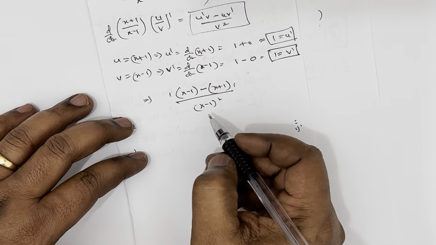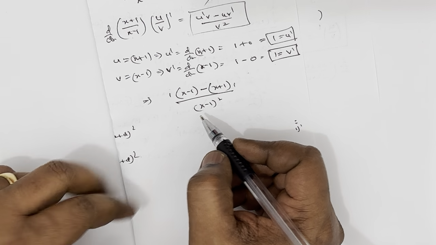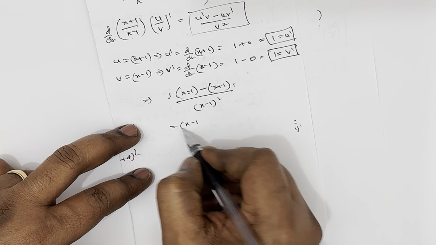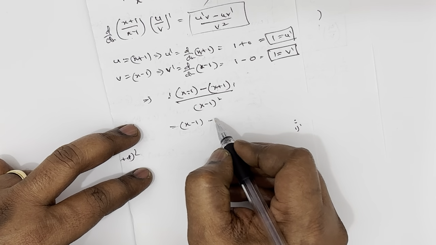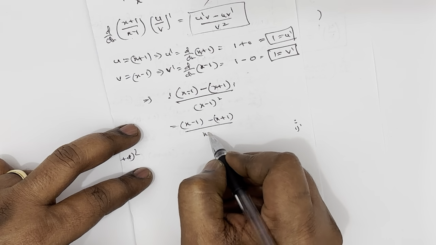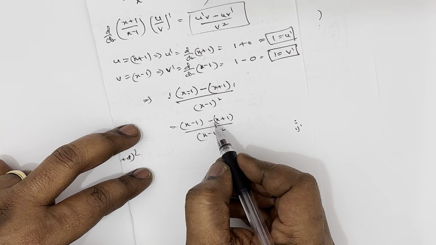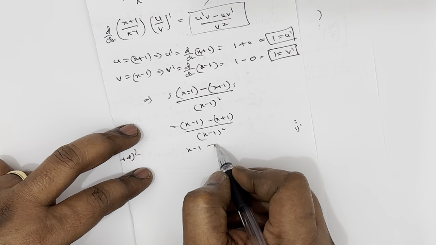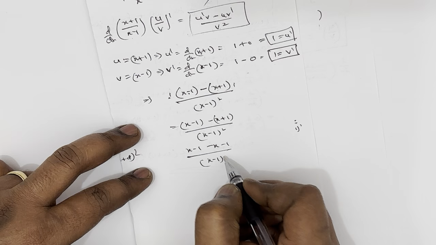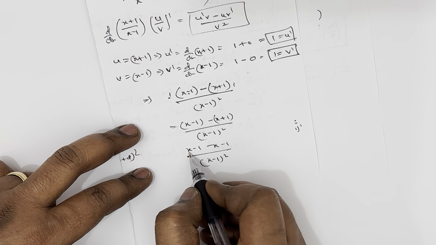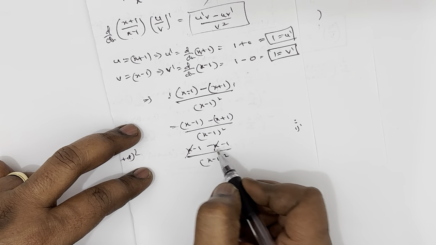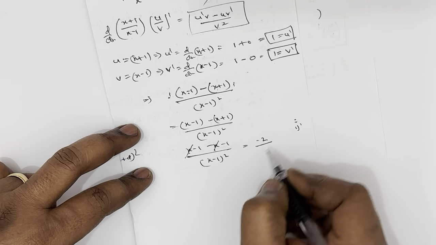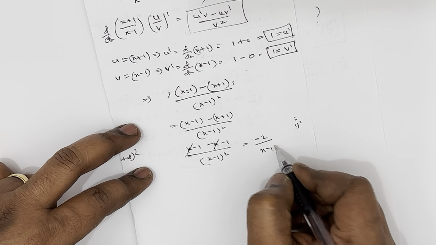Okay, so now see, x minus 1 into this will be x minus 1 and this multiplied by 1 will be x plus 1, upon x minus 1 whole square. Now removing the brackets, we have x minus 1, this will become minus x minus 1, upon x minus 1 whole square. Now you see, this is positive x and this is negative x, both get cancelled, so you have the remaining minus 1 and minus 1, which is minus 2 upon x minus 1 whole square.